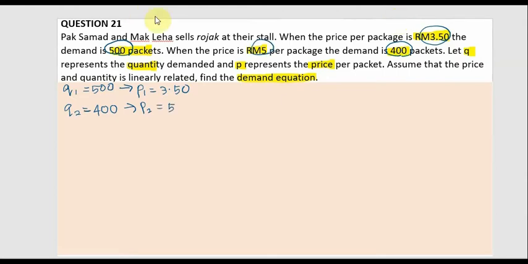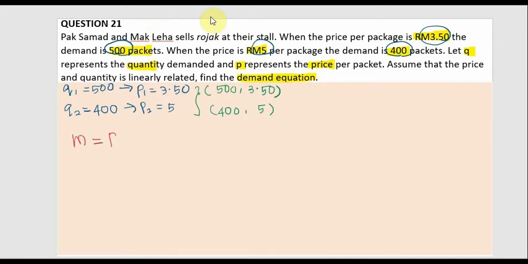Okay, then kita boleh tuliskan maklumat ini dalam bentuk koordinat quantity price. So kita ada 500, 3.5, dan di sini kita ada 400, 5. Langkah yang pertama, untuk kita mencari demand equation, of course kita perlu cari slope.